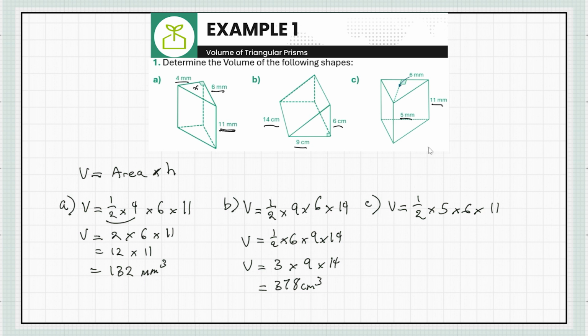So the volume is going to be equal to half times 30 times 11, which is the same as 15 multiplied by 11, and that means the answer is going to be 165 millimeters cubed. You can see how when we can get to multiples of 5, calculations can be a lot easier.